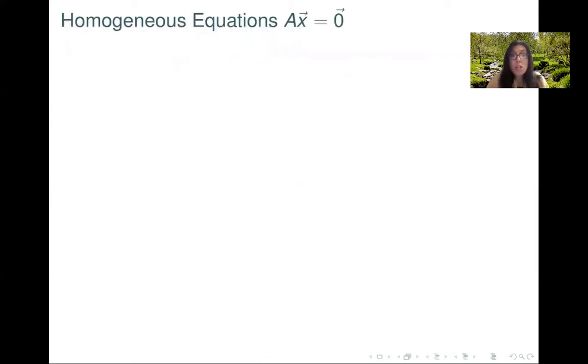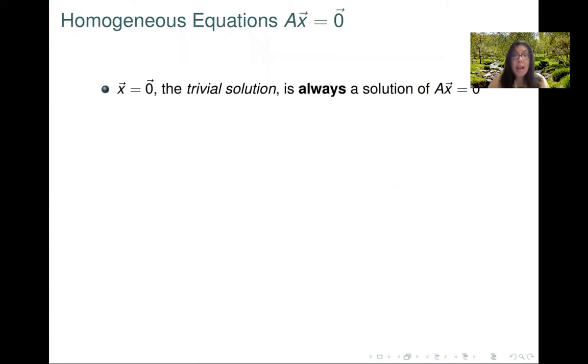Thinking about homogeneous equations in general, so systems of the form AX equals 0, we know that x equals 0, which we call the trivial solution, is always a solution to AX equals 0. Think about what the matrix vector product AX is. It's taking the linear combination of the columns of A using the entries of X as weights.